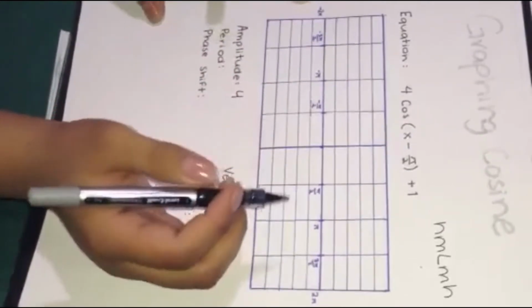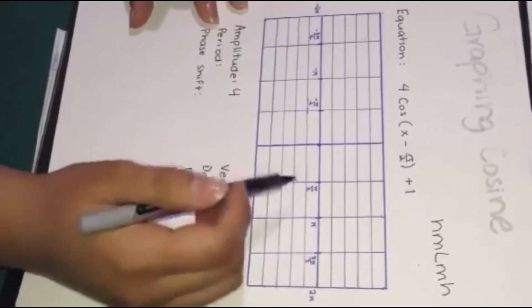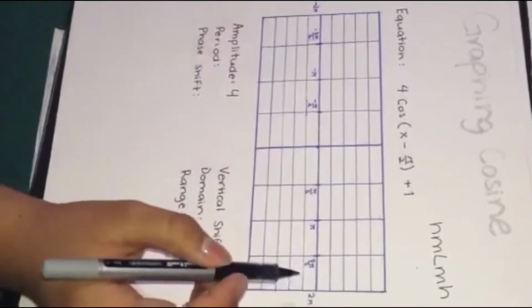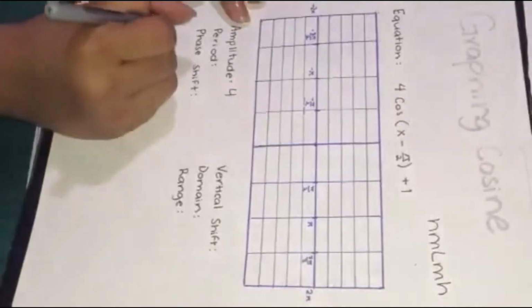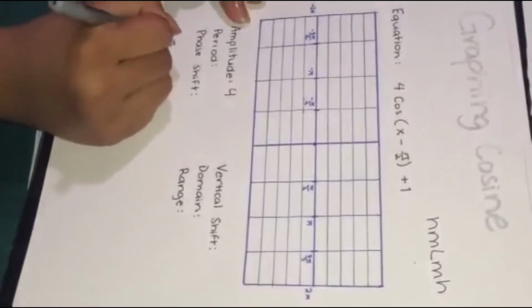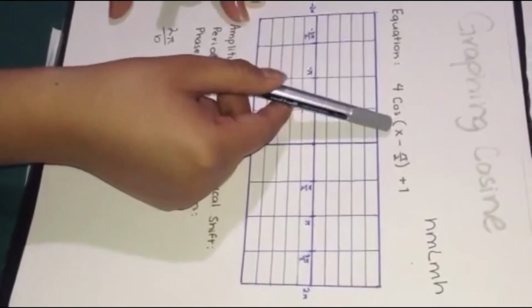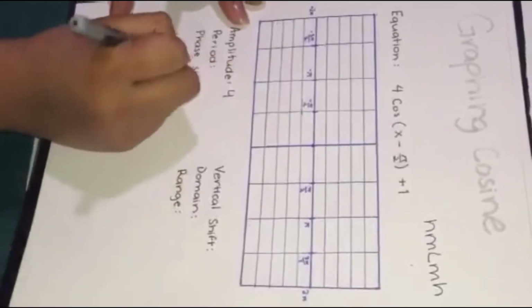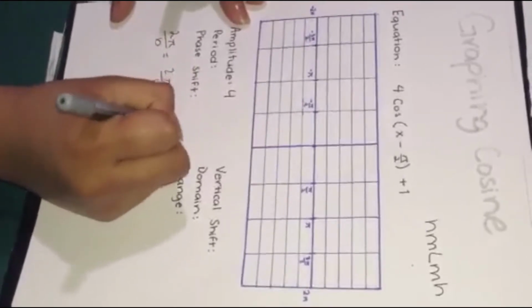The period will tell us where the cycle ends in the wave line. And you get the period by using 2 pi over b. B is the number in front of x, which is 1, so it is 2 pi over 1, which equals 2 pi.